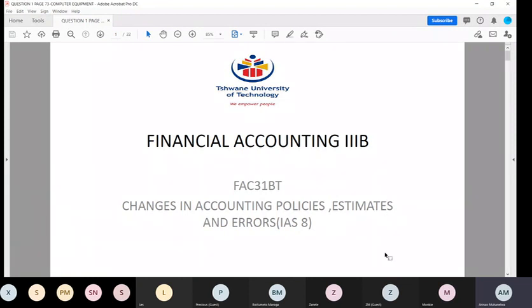So all the principles that you've learned on level 2 are the same principles we're going to use at this level. But having said that, you will realize that in this topic, there are 3 parts to it. There is changes in accounting policies, estimates, and errors. So Monday class, we focused on change in accounting policy.